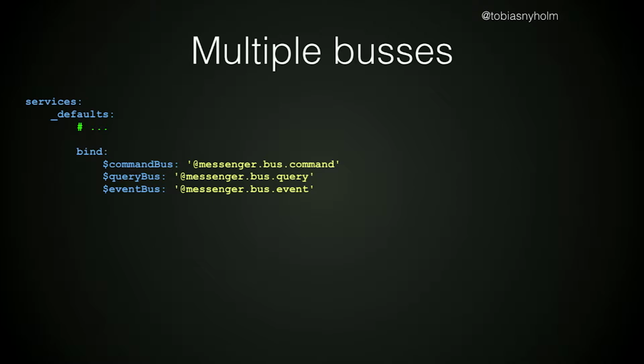So the question was, if you are a group of developers, and only one of them created this, and the other doesn't know, how do they know which bus they get? Yes, you will have a problem if you were expecting an event bus, and you name your variable command bus, then you will actually get the command bus.